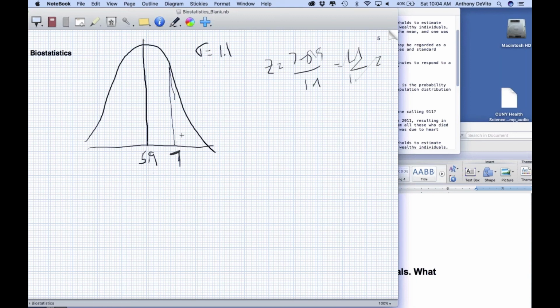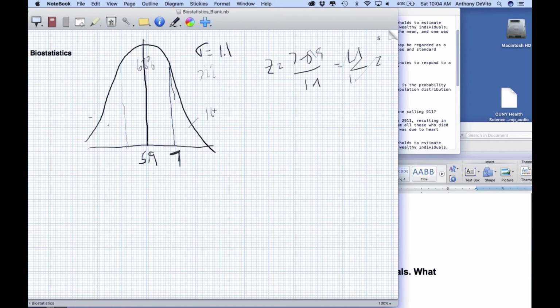That z-score is 1. So I know that if one standard deviation below to one standard deviation above is 68% of the population, then this area should be half of what's left. 32% is left, so 16% is below one standard deviation, and 16% should be above.